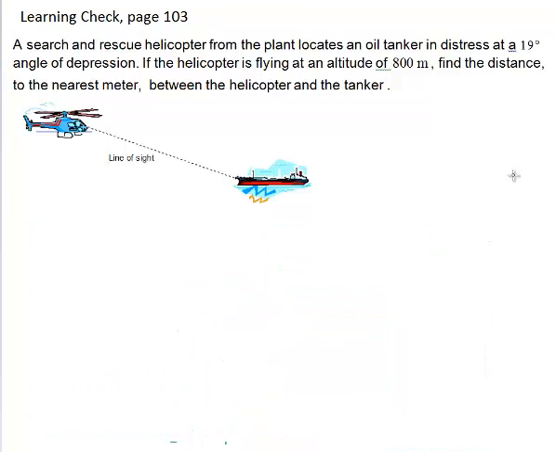So in this particular question, we're told the angle of depression, and there's the angle of depression right there along the horizontal. The mistake people make is they put the angle of depression along the vertical. So this is the angle of depression right here, which of course if it was angle of elevation would be the same angle down below looking up.